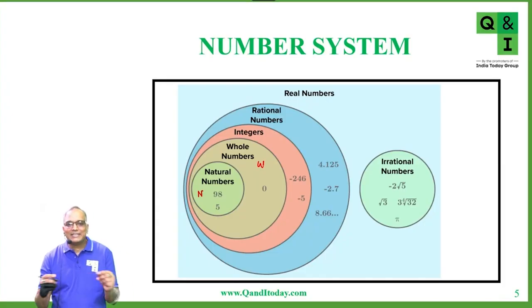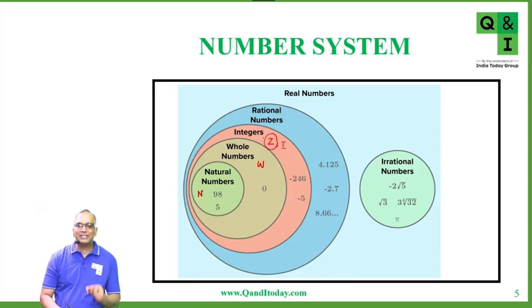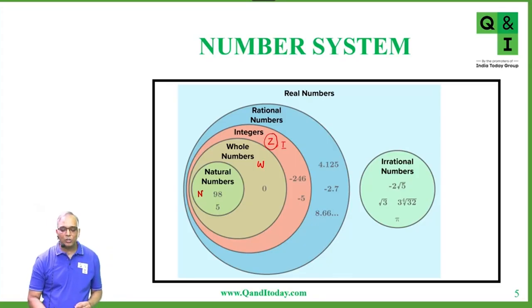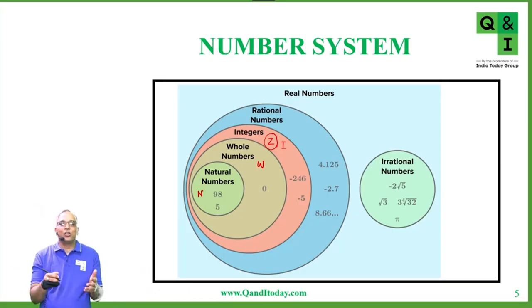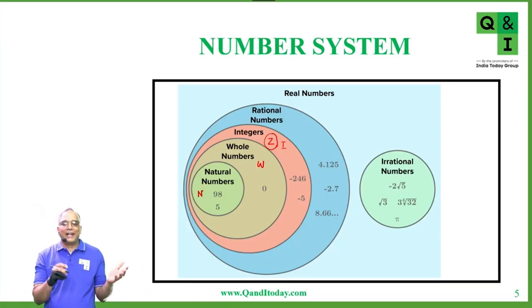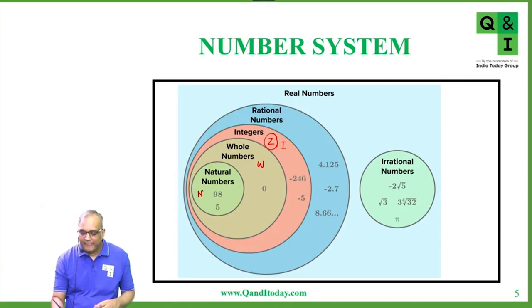Then a bigger set is integers, generally denoted by capital Z or I. Mostly it is denoted by capital Z only, though in some books you will find I also. Integers are negative whole numbers as well as positive whole numbers along with zero. Other than fractions, all whole numbers, the negative part as well as the positive ones, along with zero, comprise the integers.